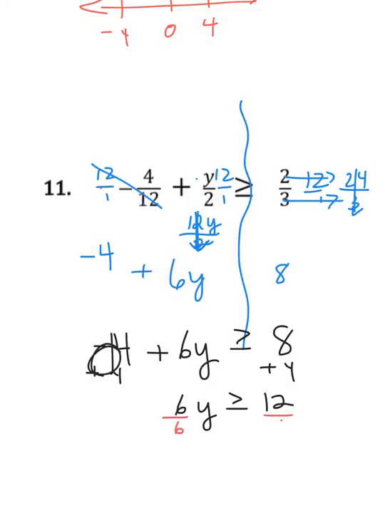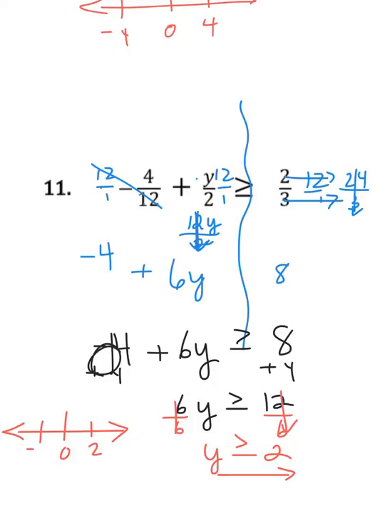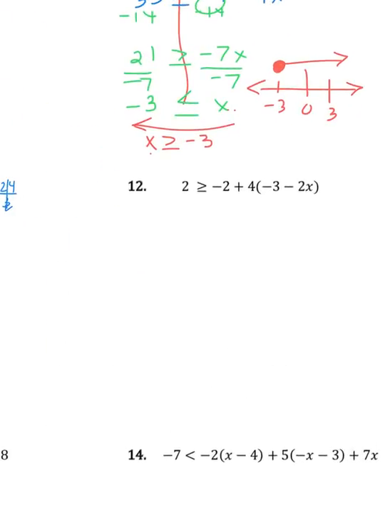Divide by 6, divide by 6. 1y is greater than or equal to, what's 12 divided by 6 is 2. Draw my number line. It's already in order, y goes that way. So I'm going to put a 2 and a negative 2. It's a closed circle. And y is greater than or equal to, and it goes that way. All right.